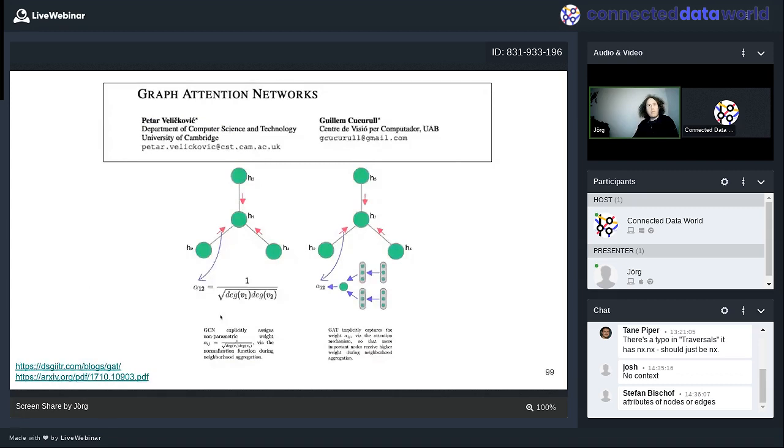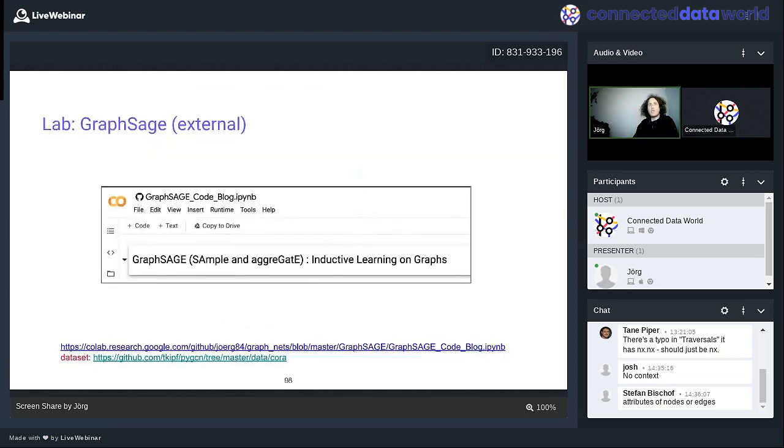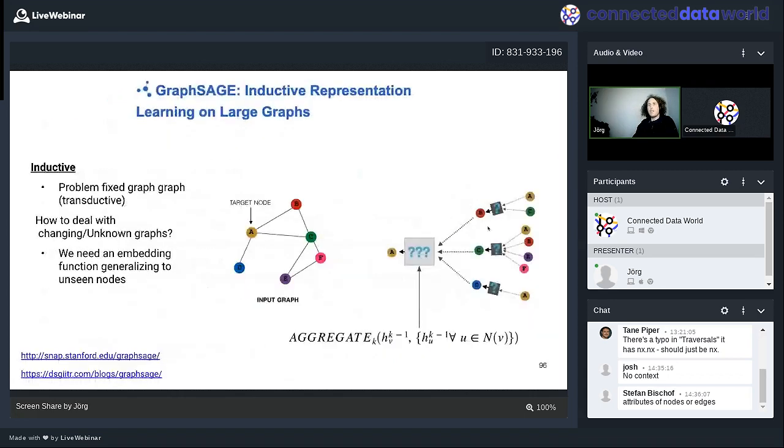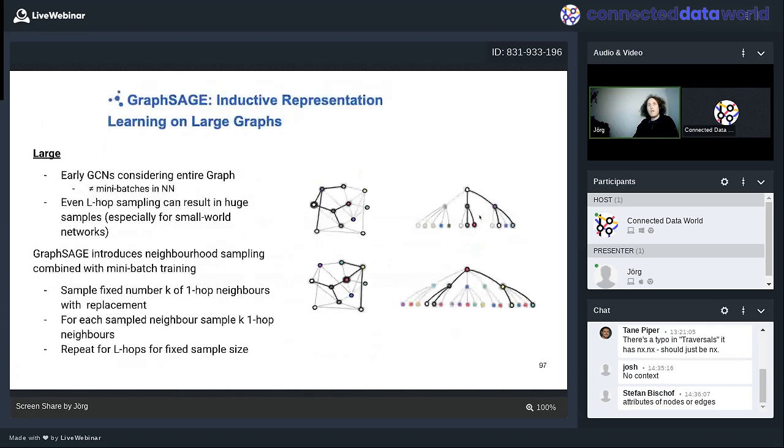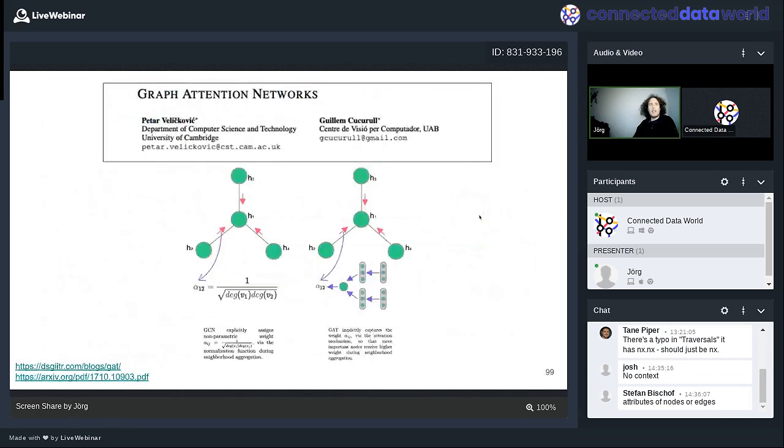The next problem we talked about was that we now have inductiveness, and we can take care of node features, because the messages in GraphSage can also aggregate over some node features. What is still missing is the edge features or the edge importance.